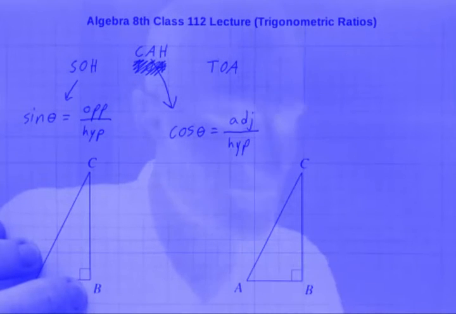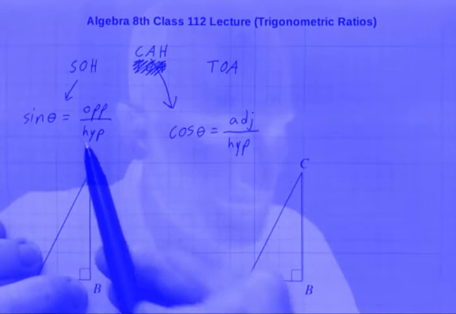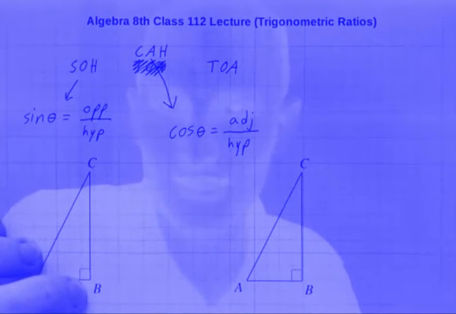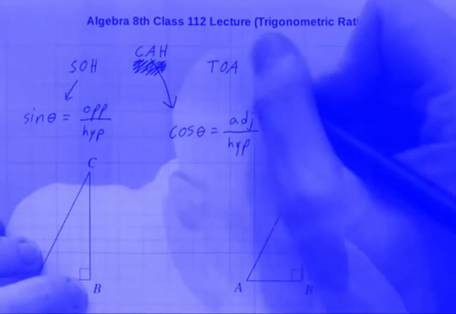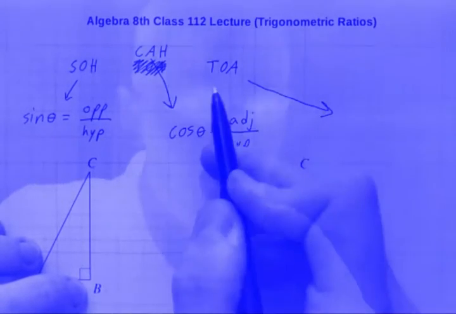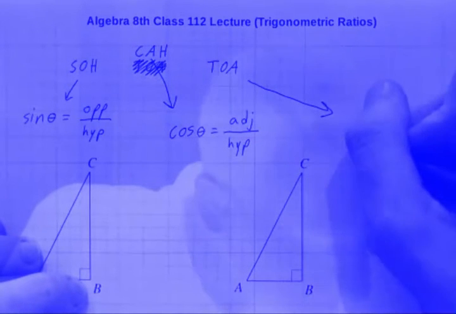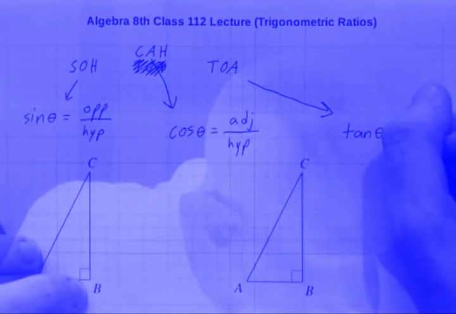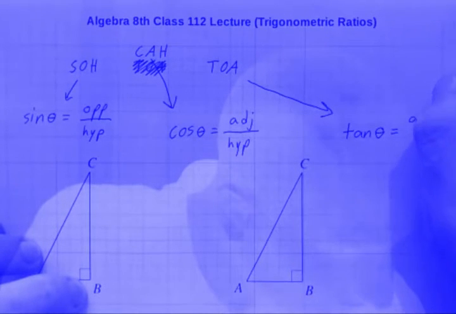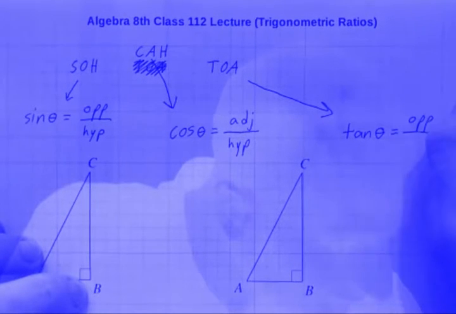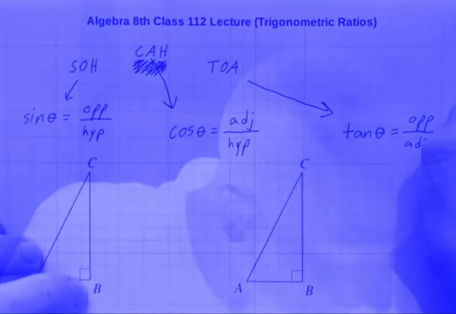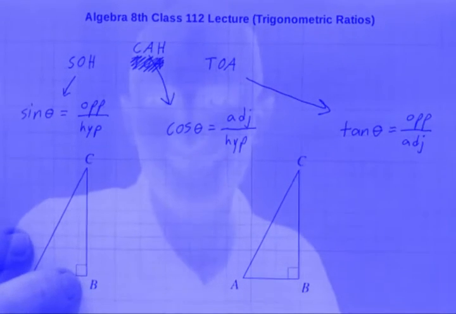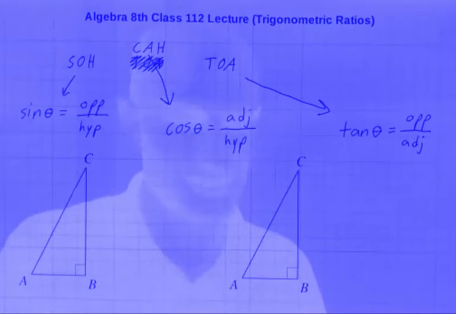And I'll tell you in a minute what the opposite, hypotenuse, and adjacent represent, okay? And last one, we have TOA. This represents tangent of theta is equal to opposite over adjacent. Okay, so there's our three trig functions.